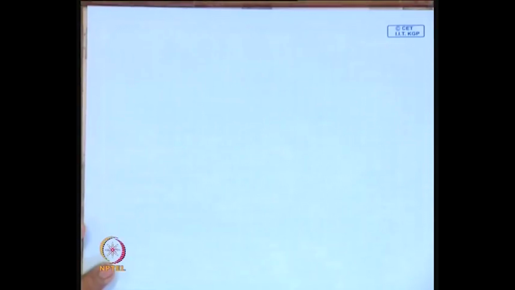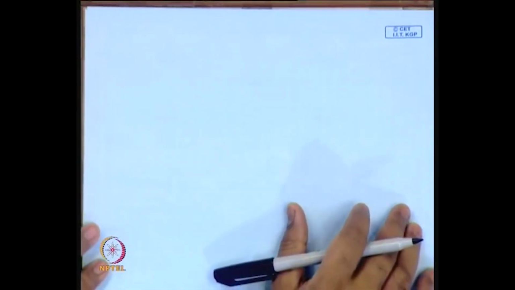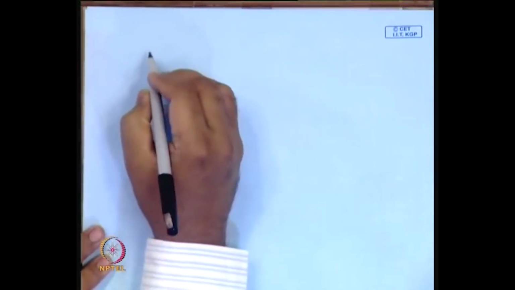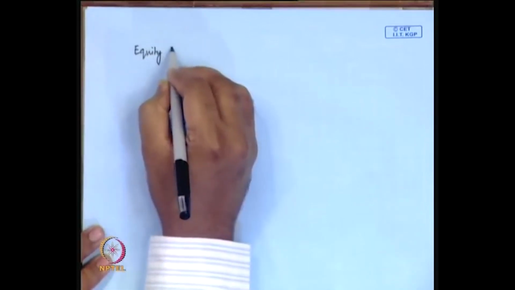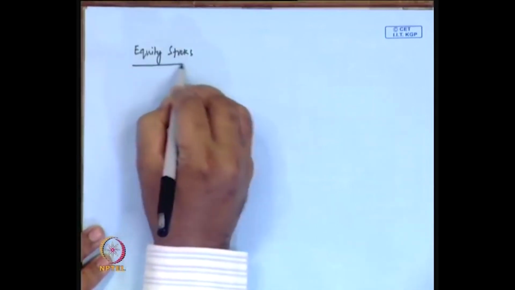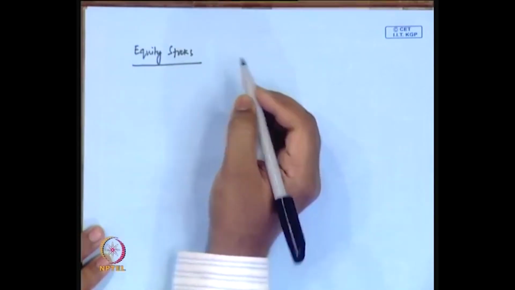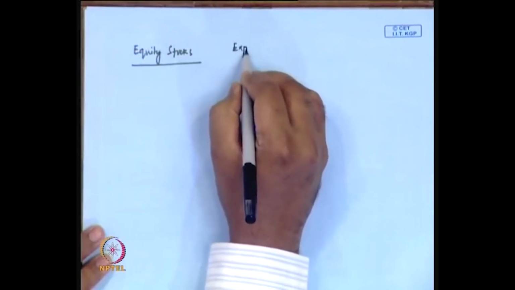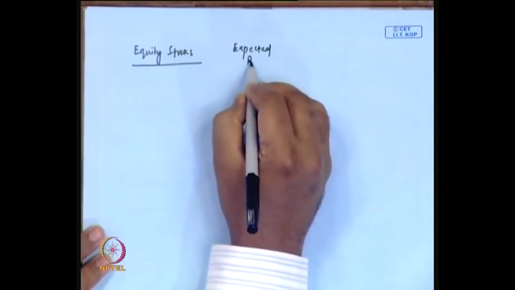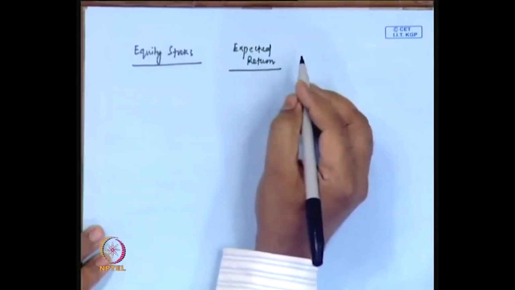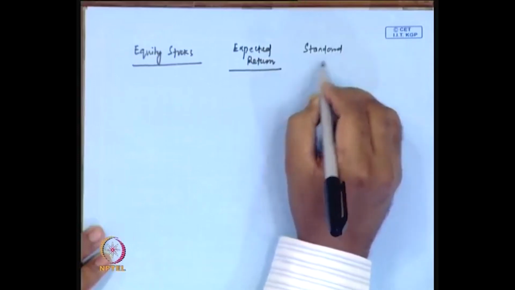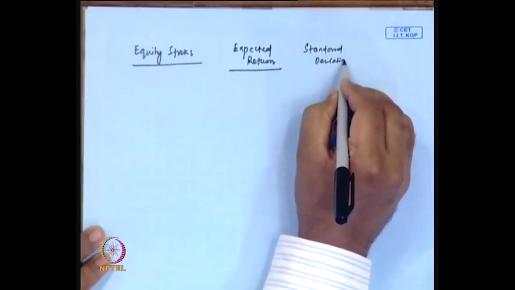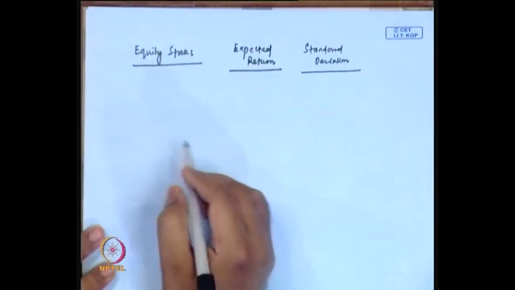That will be clearer if I now give you an example. In this case, let you have three stocks. This is your equity stocks, this is your expected return, and this is your standard deviation of the different stocks.